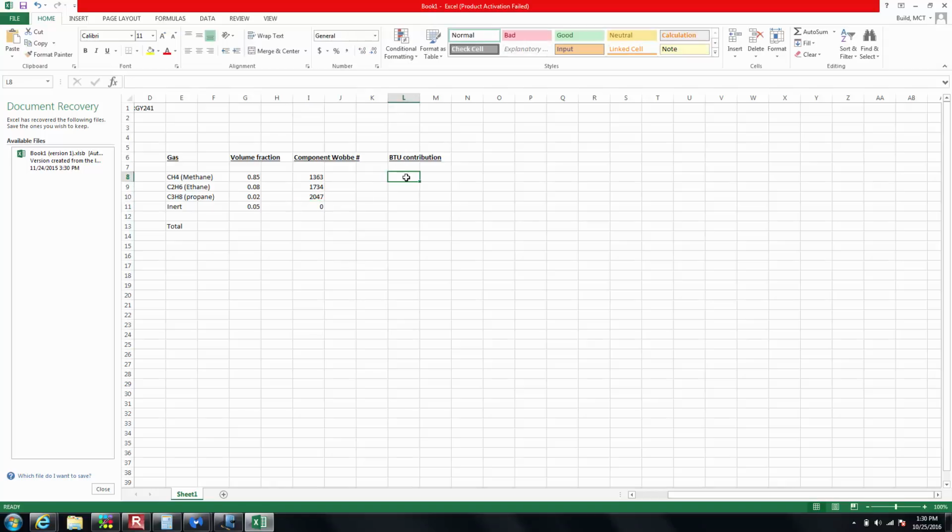So now it's as simple as doing our equations on here. It's just going to be 85% of the gas is providing this many BTUs. Our ethane... oops, where are we screwing up here? Let's see.